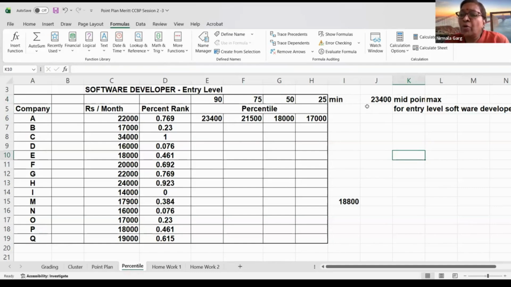So I can have at a low level a width spread of maybe 30% or 20%. That means my min will be midpoint minus 20% and max midpoint plus 20%. I'm not going to give you the formula right now because I don't want to confuse you. I only want to tell you that we have to create a salary range. Have you understood?